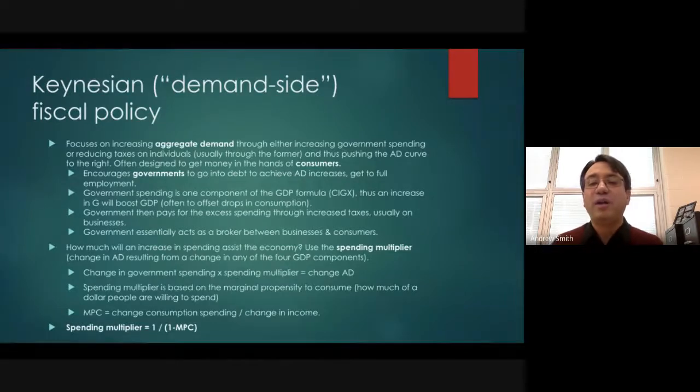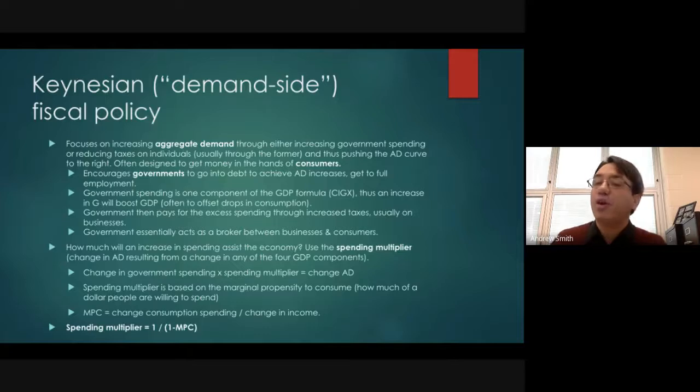And so now, how much will an increase in spending assist the economy? Well, Keynes came up with the spending multiplier. Economists have used the spending multiplier, which is how much a change in government spending will change aggregate demand. Okay, so we can use the spending multiplier to figure that out.